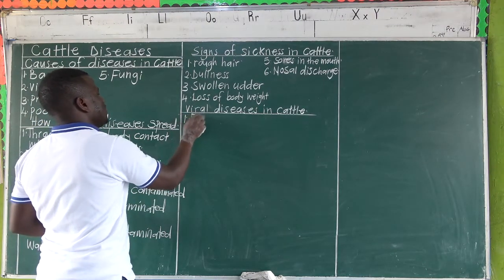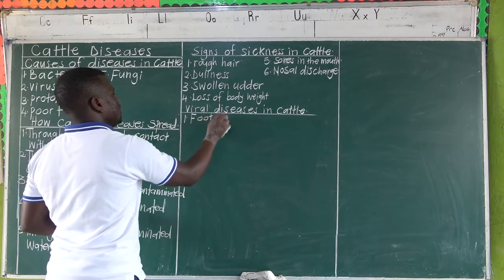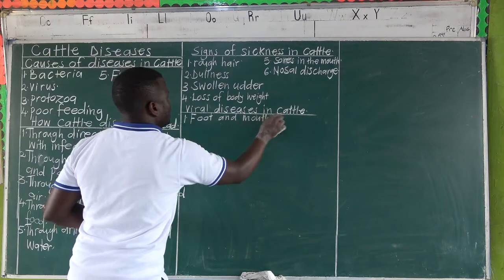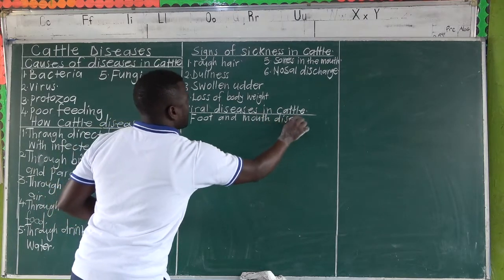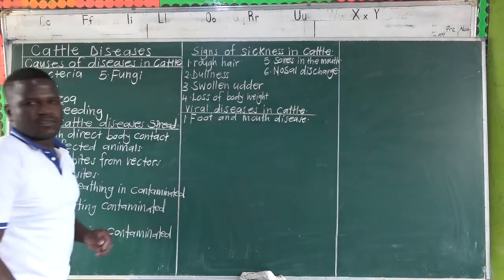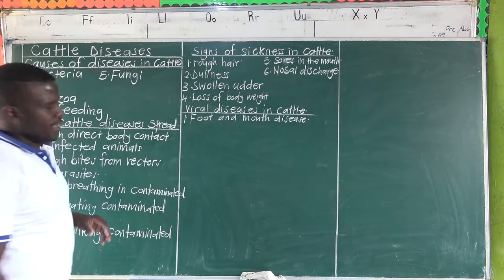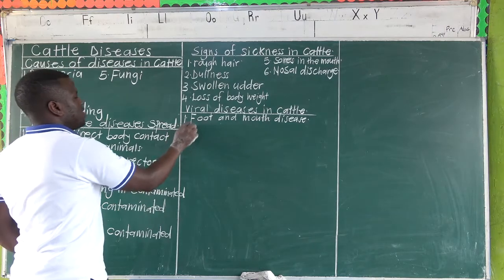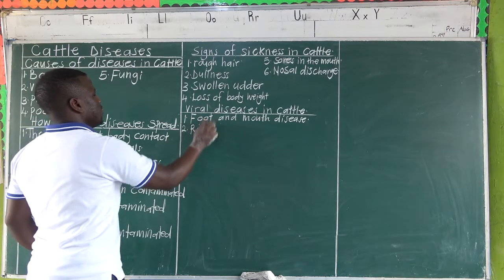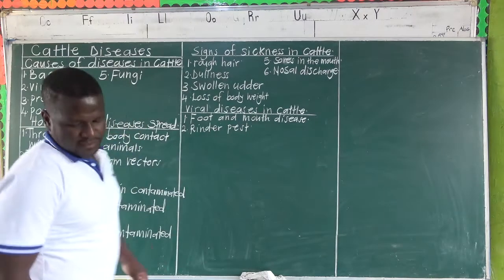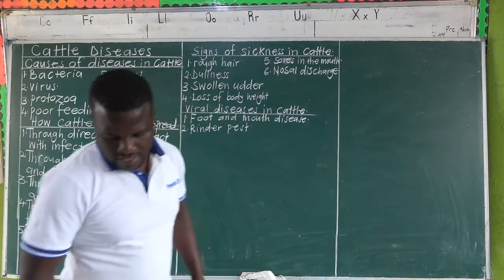One of the signs of foot and mouth disease is lameness and sores in the mouth. Then number 2, we have rinderpest. Rinderpest is a viral disease.